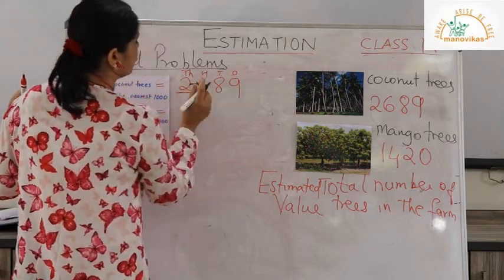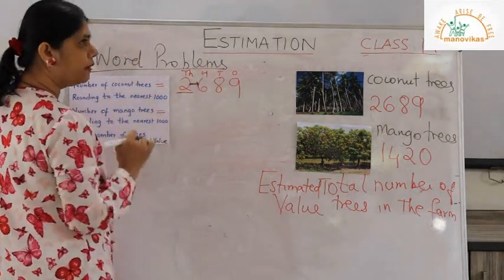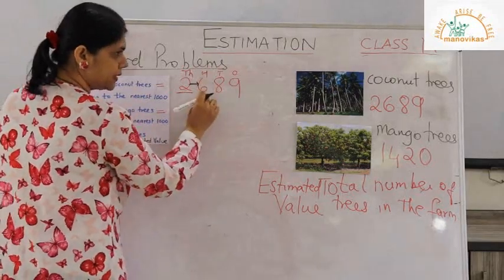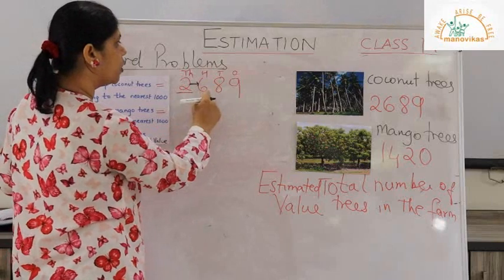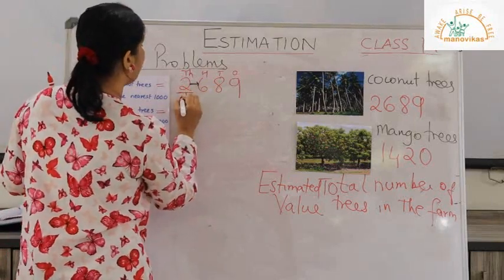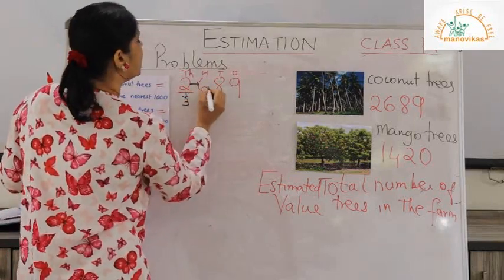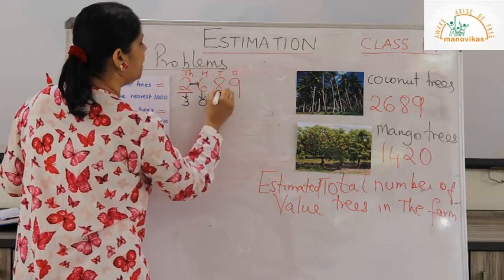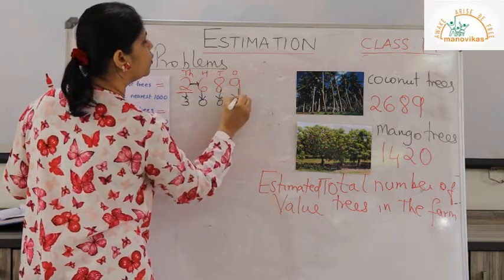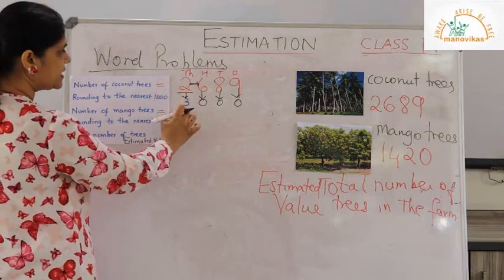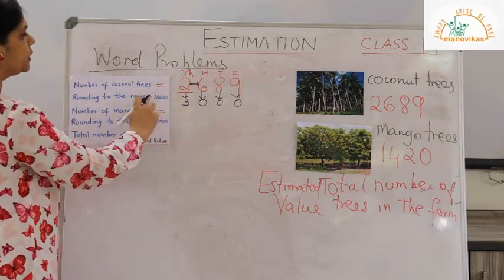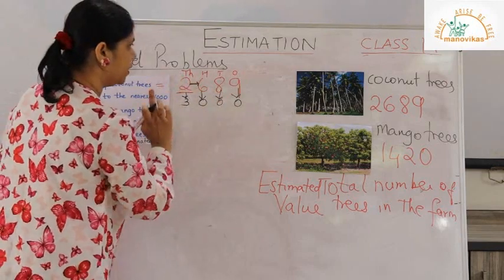Look at the next digit, that is in the hundreds place. So it is 6. 6 is greater than 5. So what will happen? 2 will become 3, right? And the other digits will become 0. This is what you know by now, correct? Now, the estimated number of coconut trees, rounding to the nearest 1,000, is 3,000.